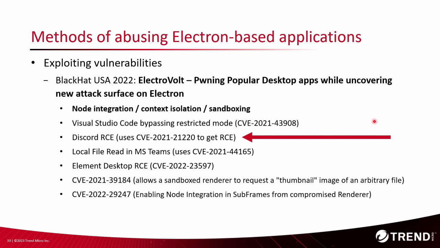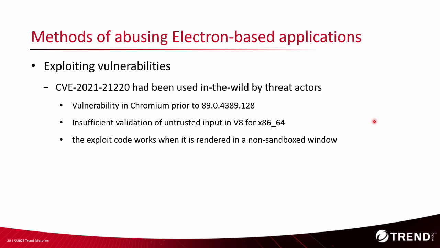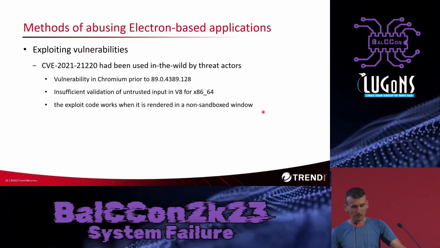I'll also mention that this vulnerability affects Chromium prior to this 64-bit version for Chromium, and it works only for non-sandboxed windows. So if the Electron application uses an older version of Chromium, and for whatever reason the developer disables the sandbox, which I will talk about later in one of the cases at the end, then this application becomes vulnerable.